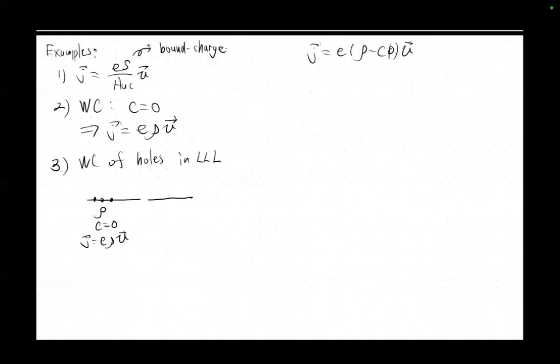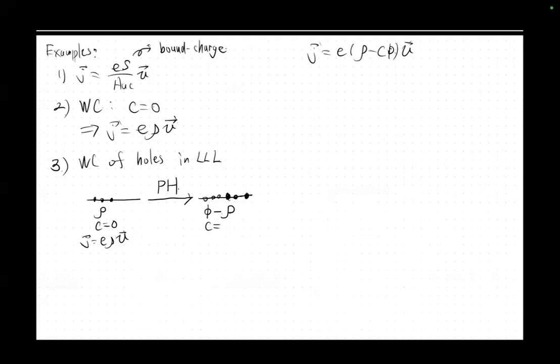Now, in the lowest Landau level, what I can do is I can perform a particle hole transformation. So now I have holes and then filled electrons. When you do that, first, the density will change to phi minus rho, because phi is the filled Landau level and we've removed rho electrons from it.